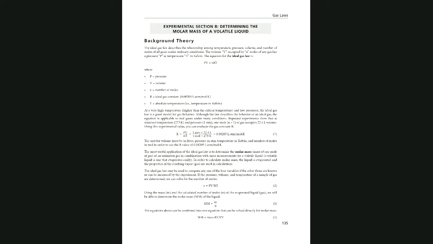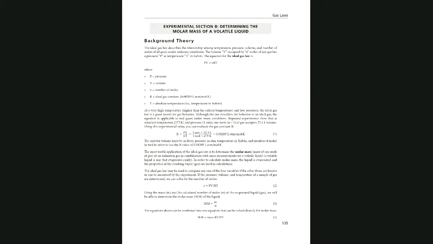So, in order to find the molar mass, we need the pressure. Basically, PV equals nRT.